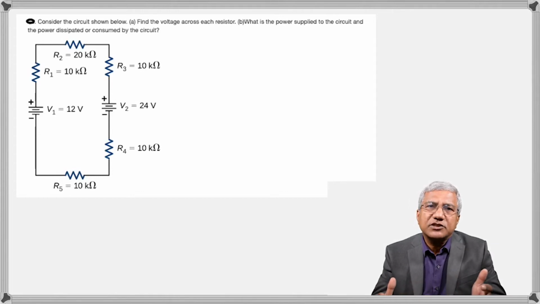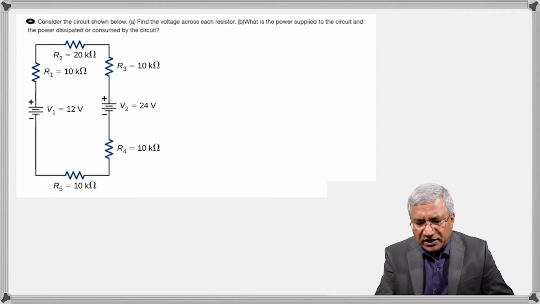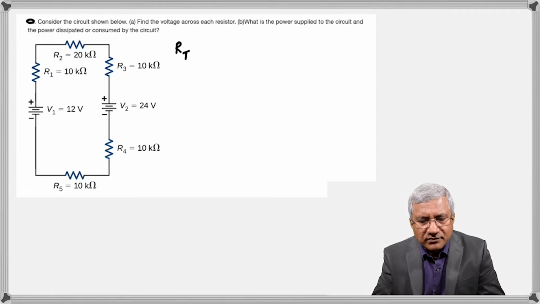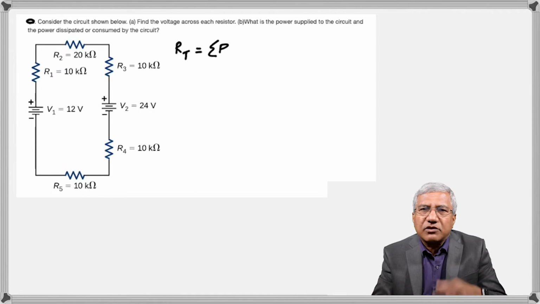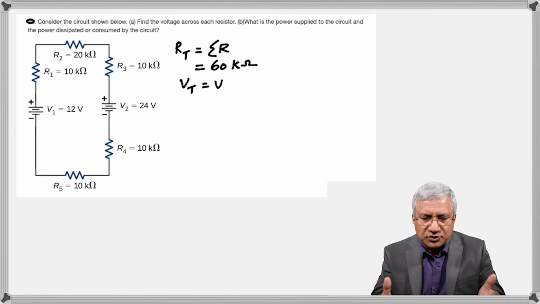To find the voltage, you need to find the current, because we know in a series circuit the current is the same. Okay, so let's find the current. Since all the resistors are connected in series, you simply add them up to get the total resistance, which is 60 kilo ohms.